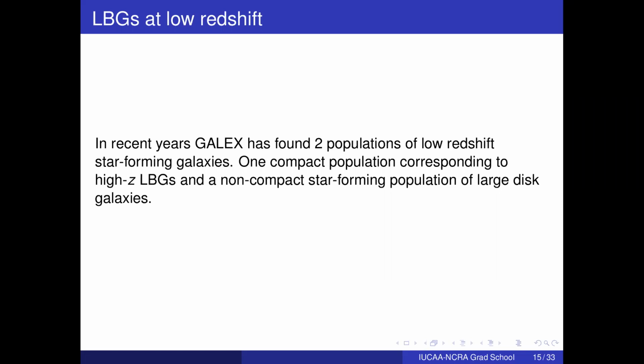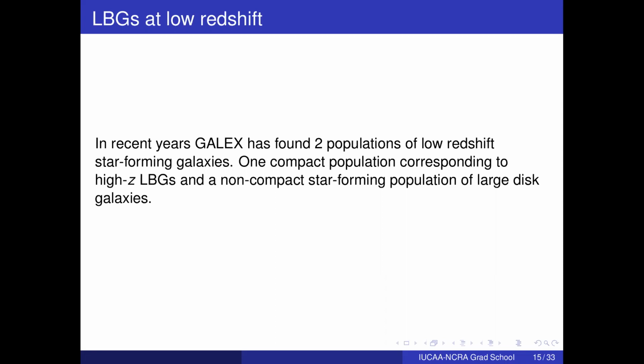They've found two populations of low redshift star-forming galaxies. One compact population corresponding to high-z Lyman break galaxies, and a non-compact star-forming population of large disk galaxies. So there are two populations.